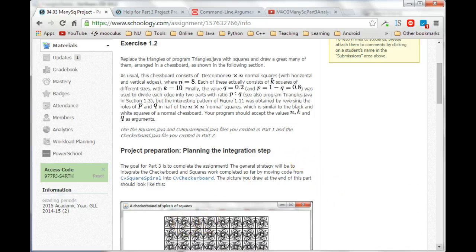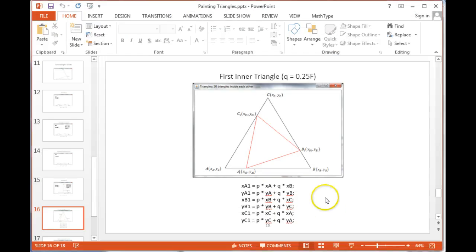So if we go back and look at our original inner triangle, what they're talking about is here. The ratio of this length to this length is q, this is q, this is p, right? And this is q, this is p.